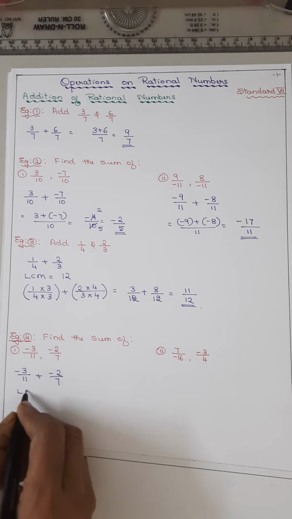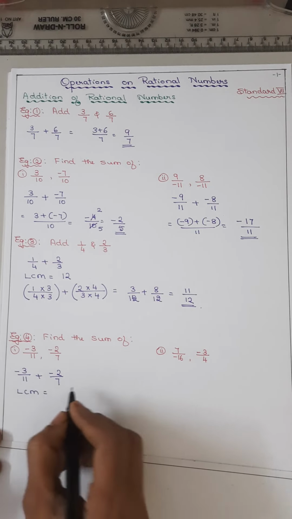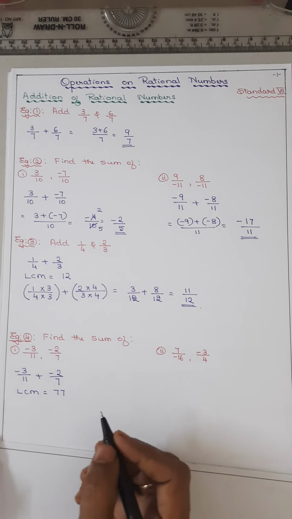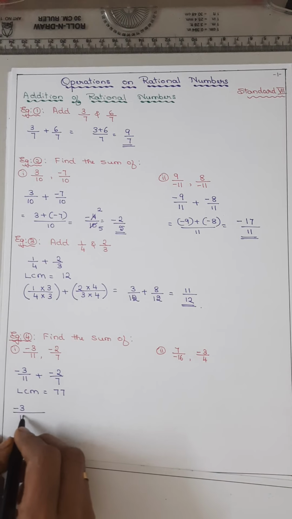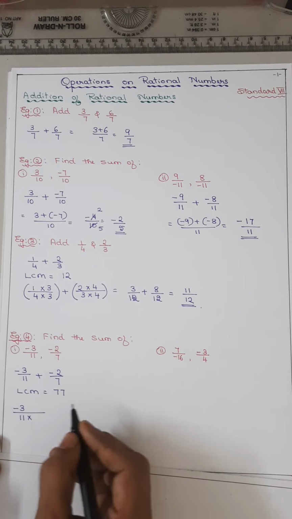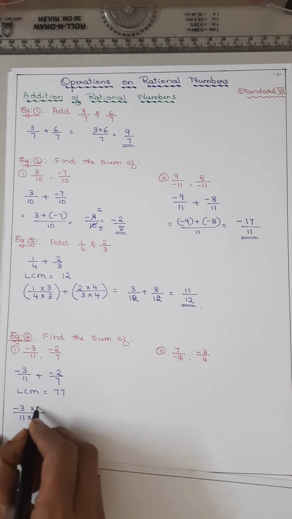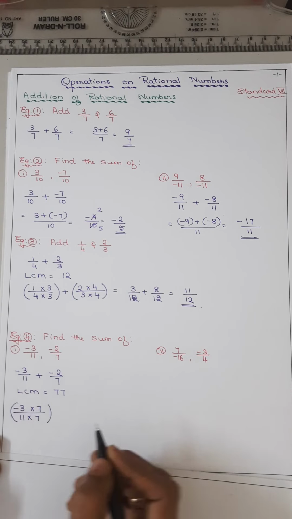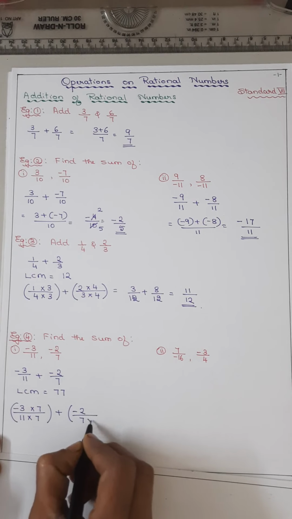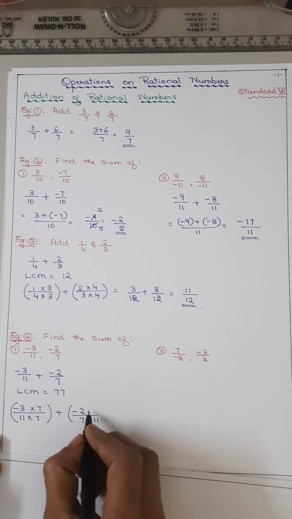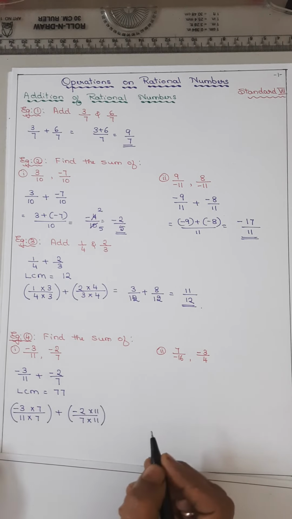So LCM will be 11 sevens are 77. Okay. Now minus 3 by 11, to convert into 77, multiply by 7, plus minus 2 by 7, to convert into 77, multiply by 11.